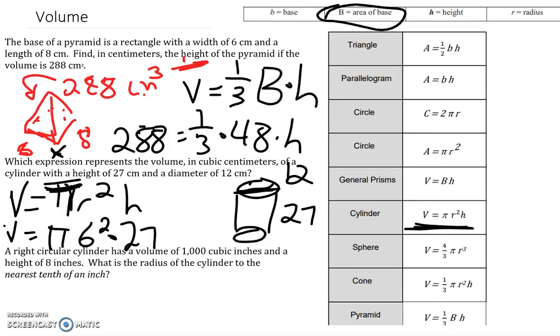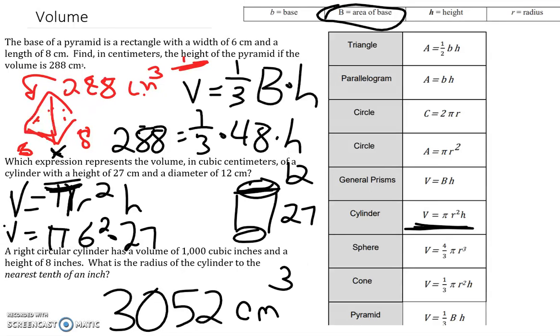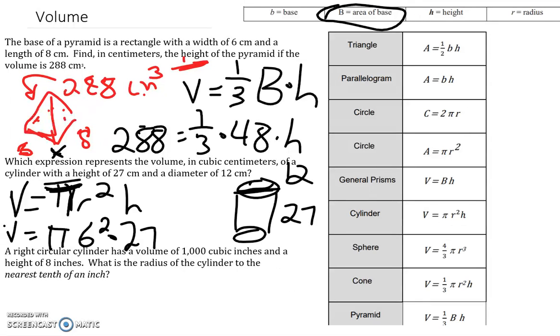If I plug in 3.14 for pi, I'm going to get a value for my volume of 3052, and since it's volume, we'll name that centimeters cubed. So that's number 2, and if we move on to number 3 here.